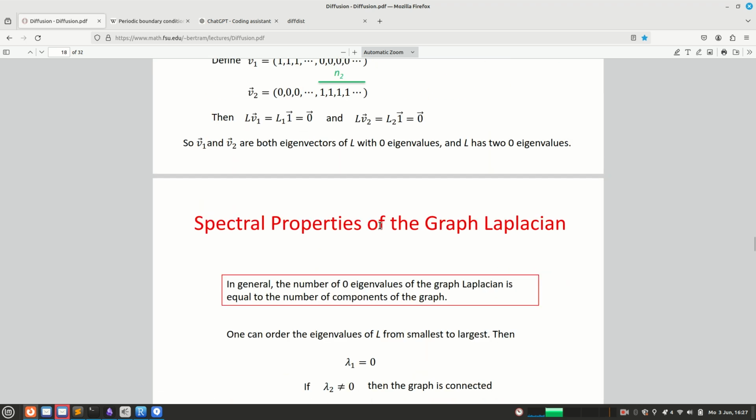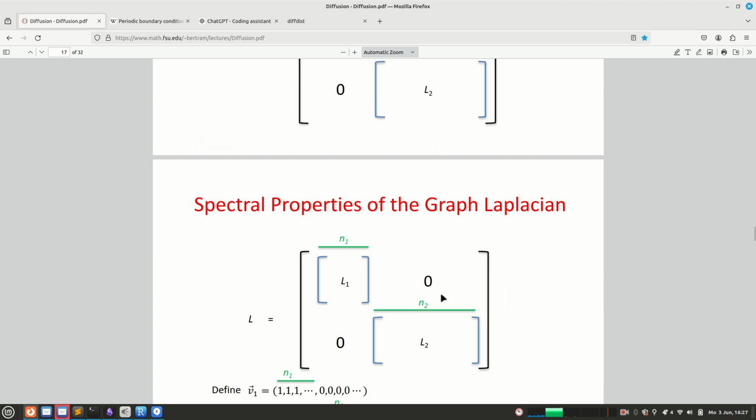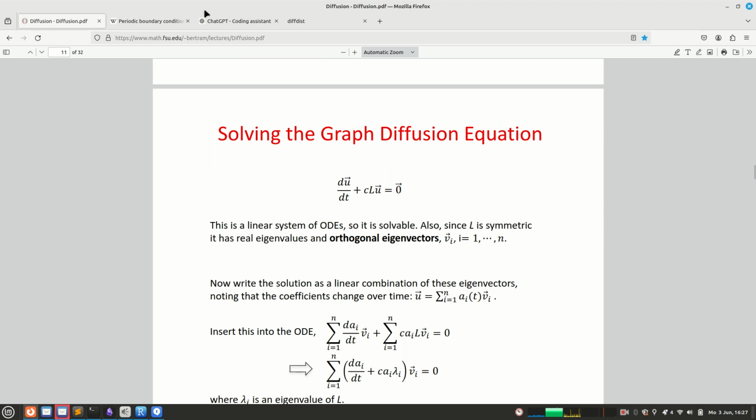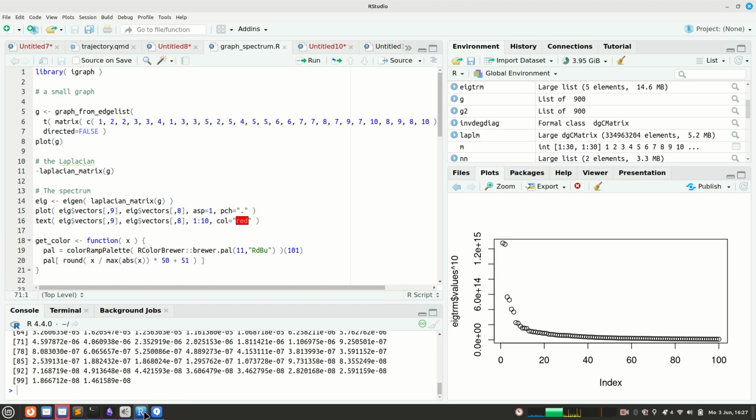So here it's a little bit more of that. And there's also a bit more that we'll need in a moment. But now let's first try this thing out.